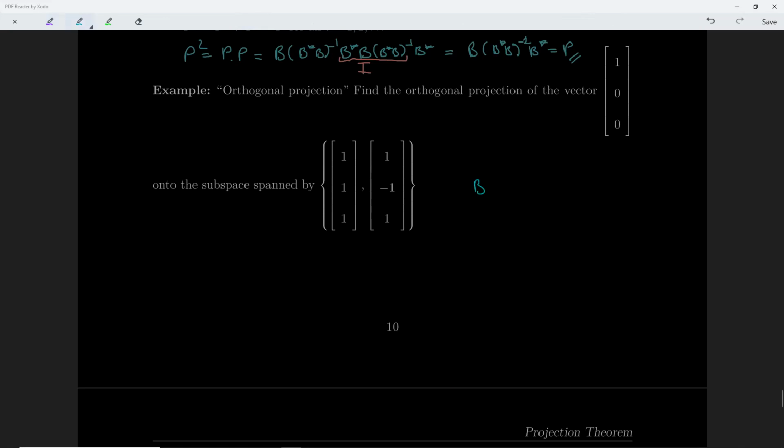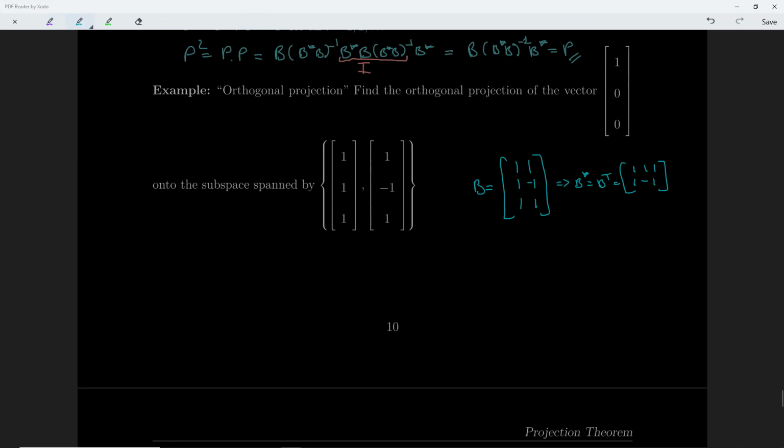I will write these vectors into the columns. And since this is a real matrix, the B conjugate transpose is going to be equal to B transpose, and that will be equal to the matrix with rows (1, 1, 1) and (1, -1, 1).